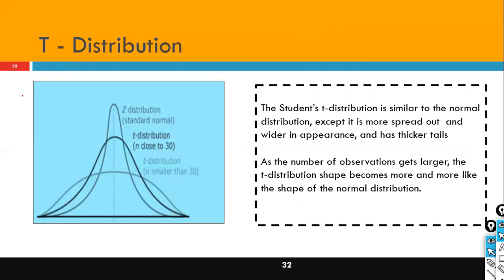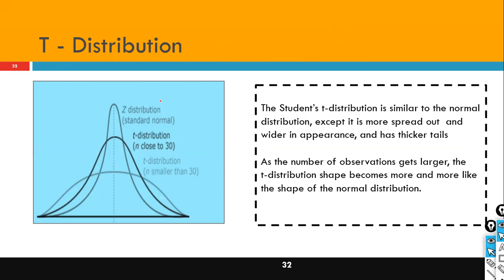And the t-test follows the t-distribution, the student distribution. It is similar to the normal distribution. In the case of the z-test, it follows the normal distribution.